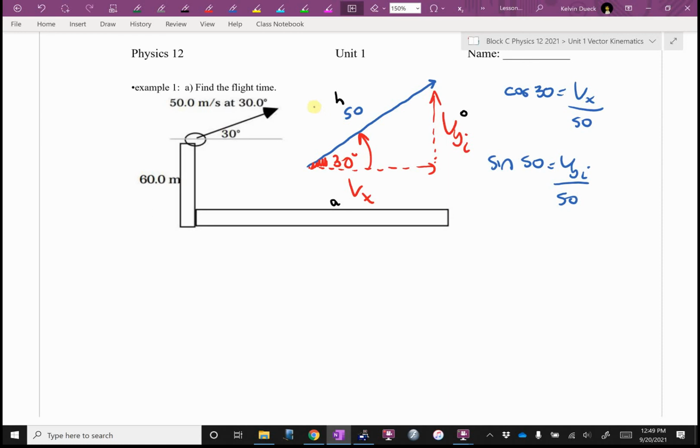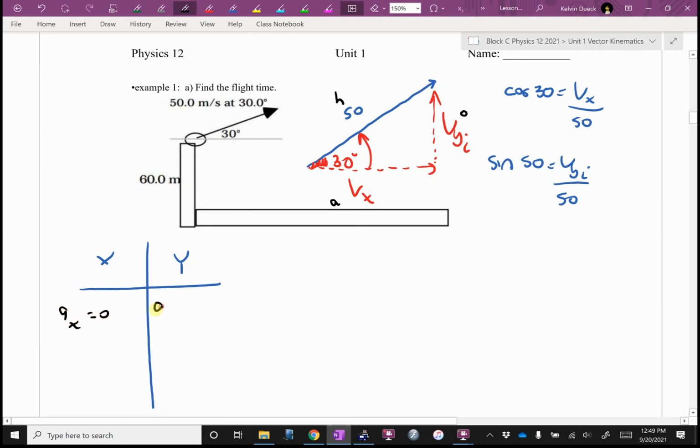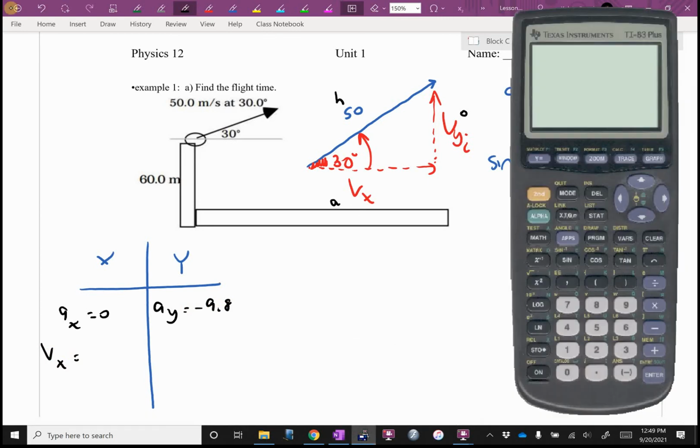So I'm going to go like this. Horizontal, vertical. Who remembers what were the two physics no-brainers that I could write down right away even without reading the question? And now I'll put in Vx, maybe to 5 sig figs because I'm going to use it.